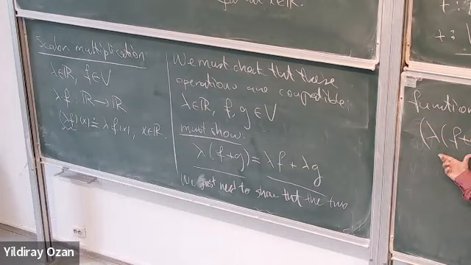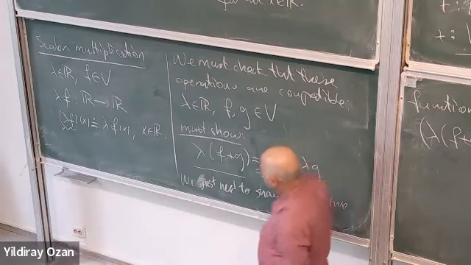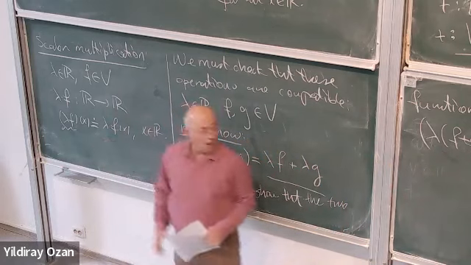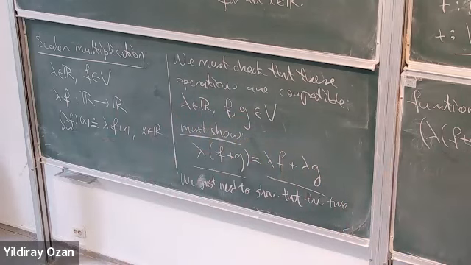And then here I use the first definition: f plus g at a point x. What is that? Well, that is just f of x plus g of x. This is the addition operation of functions we defined over there.